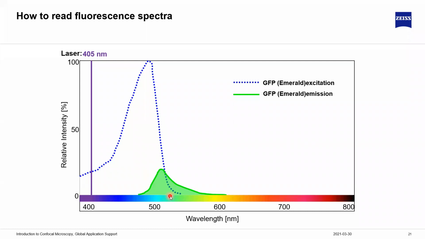You can still get the signal from your sample. But on the other hand, if you have two different fluorophores in the sample and you need to use both lasers, then you need to be careful about avoiding crosstalk, because assuming that you have a DAPI fluorophore here or Alexa 405, you will need to turn on the 405 laser, and by doing that, you will also get some signal from the GFP.